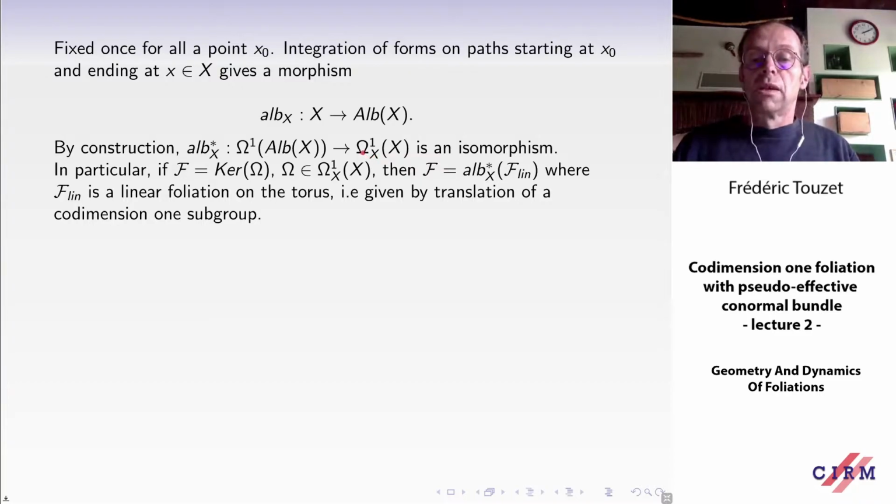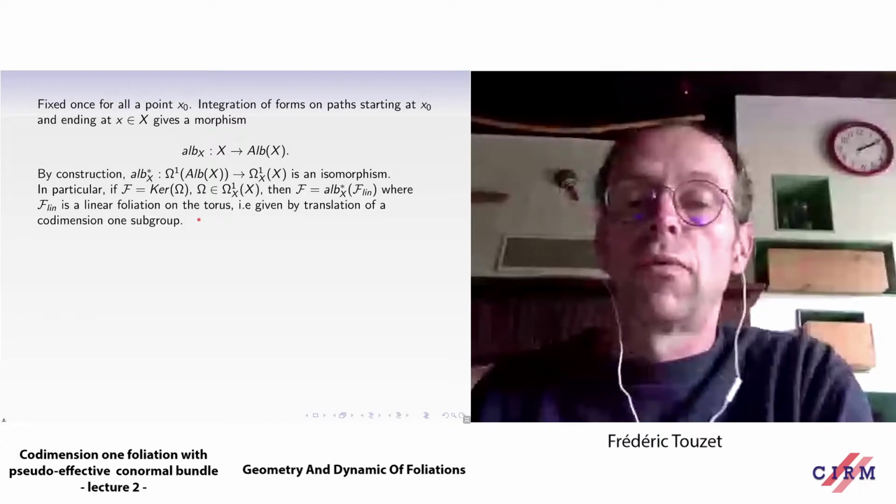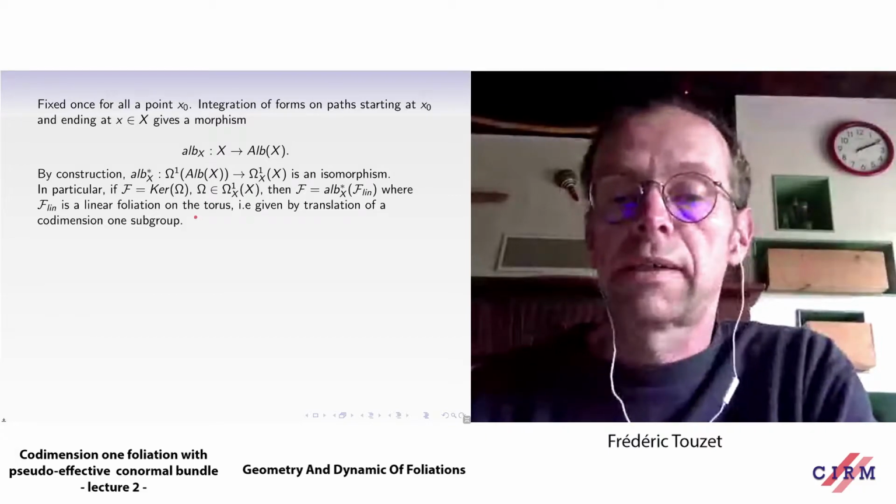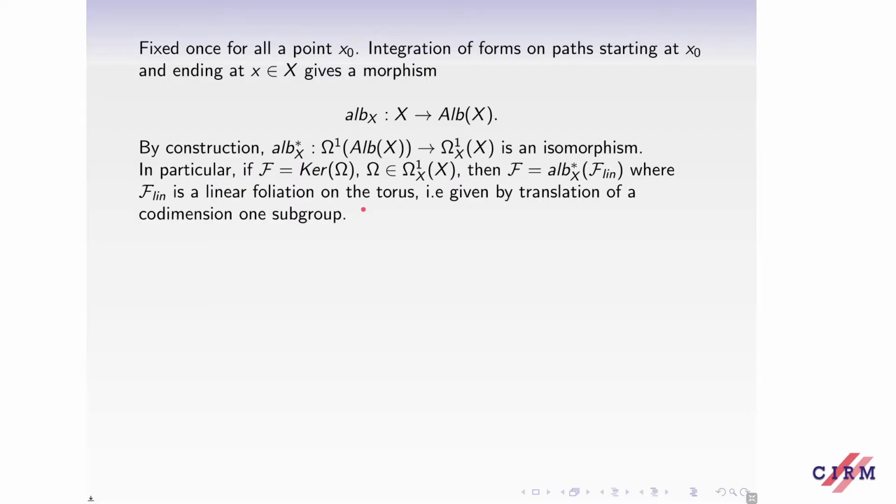Okay. So in particular, at the level of foliations, when we consider a one-form omega on X and the corresponding foliation, this foliation is nothing but the pullback of a linear foliation on the torus. That is a linear codimension one foliation, that is, a foliation given by translation of a codimension one subgroup.